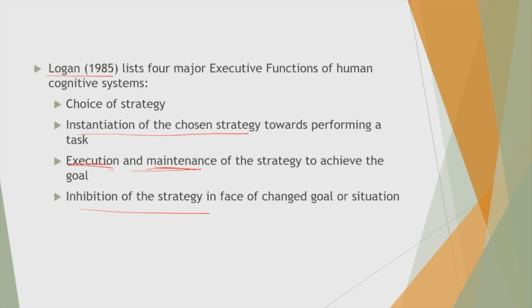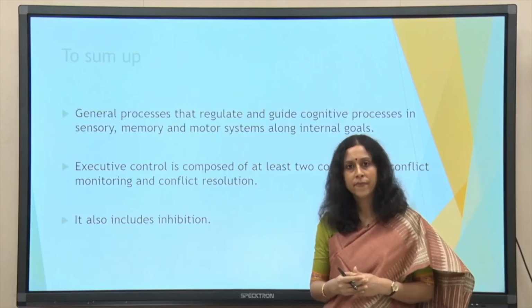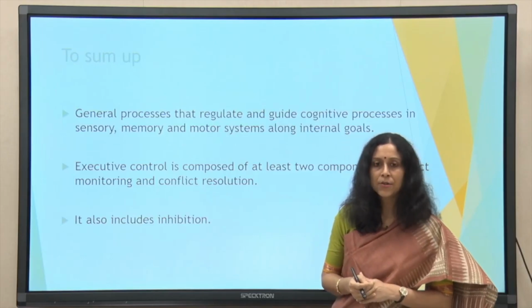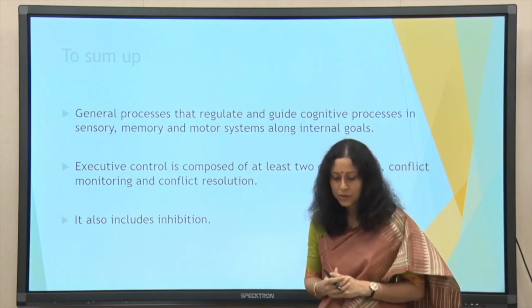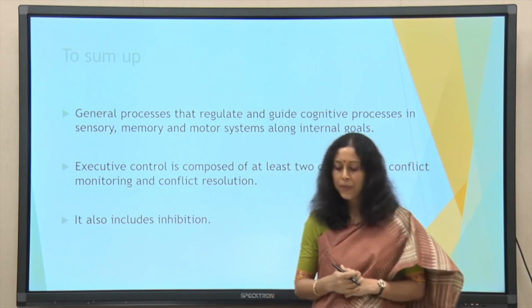So, these are the 4 functions of human executive functions of the human cognitive system as proposed by Logan. Of course, we can go on and on. This is a very broad area of research, and it has many smaller parts and finer nuances, but we need to sum it up because our primary goal is to look at it from a linguistic perspective. So, how do we sum up?